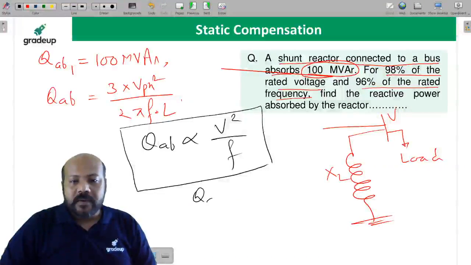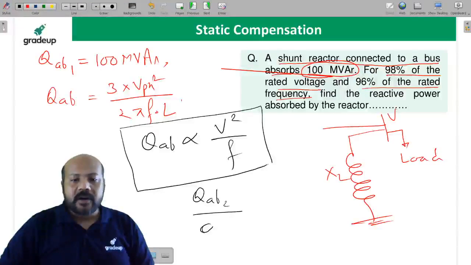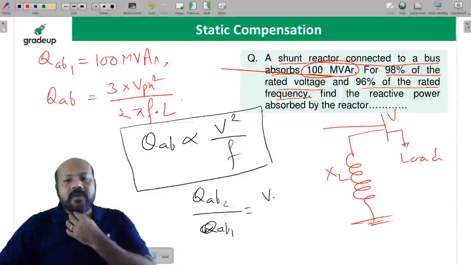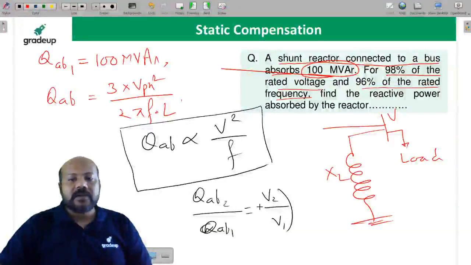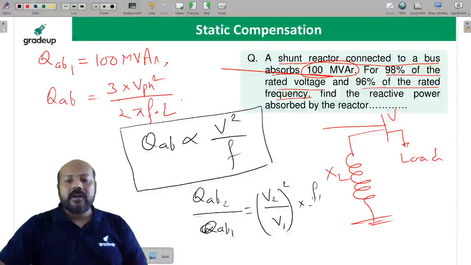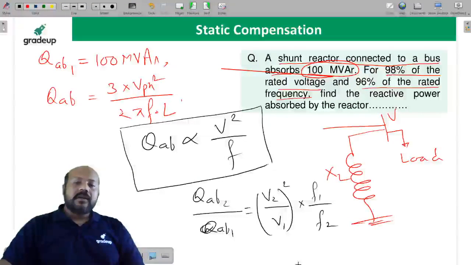If you want to compare the reactive power absorbed when the voltage and frequency are changed, it is going to be V2 upon V1 square, and F1 upon F2.